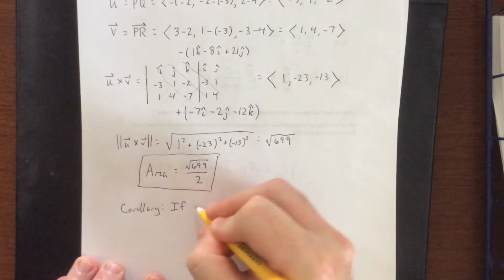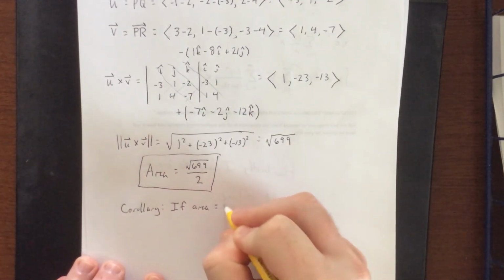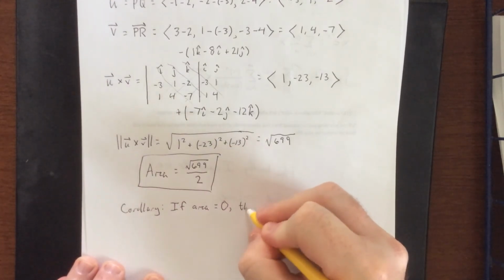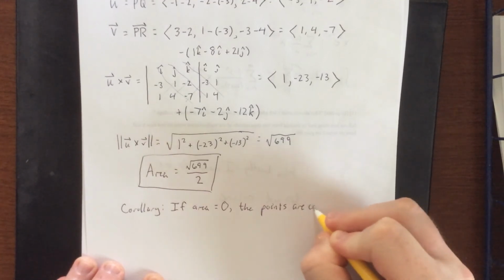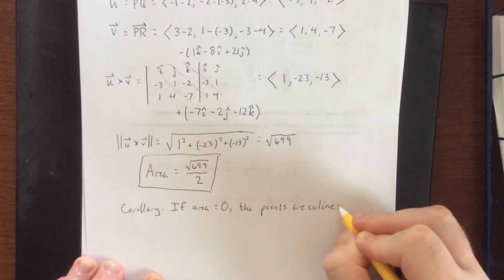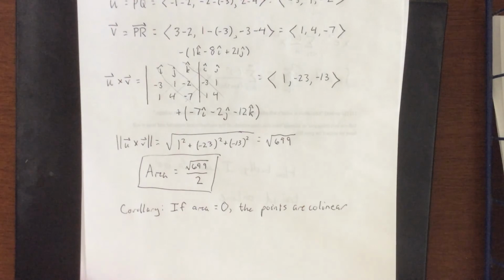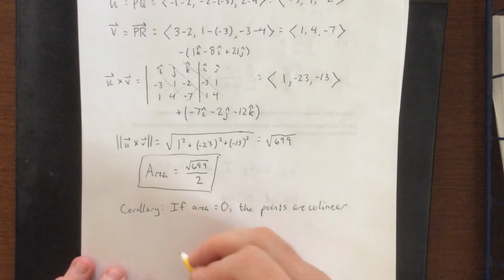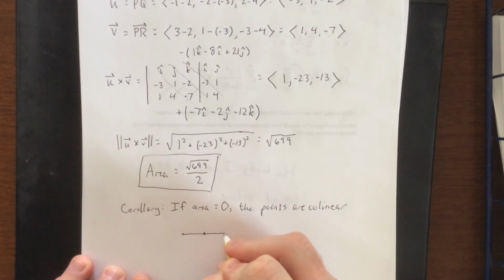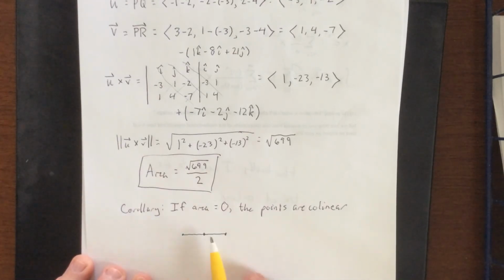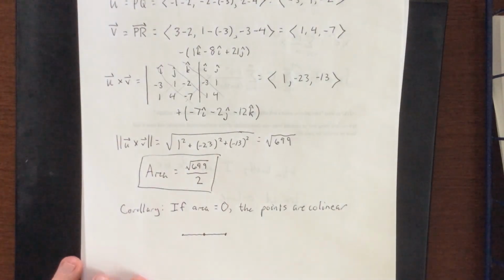So if you calculate the area and you wind up getting 0 for the area, the points are collinear. Boy, I hope I spelled that correctly. Collinear as in they all are on the same line. So imagine I tried to find the area of a triangle with 3 points that are all on the same line. You would essentially be taking 1/2 of the length of the base times a height of 0. So given that the height is 0, the area would have been 0 as well.